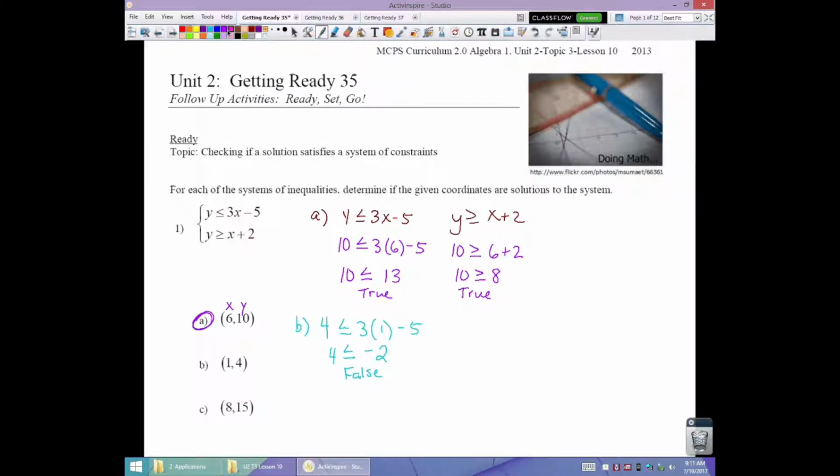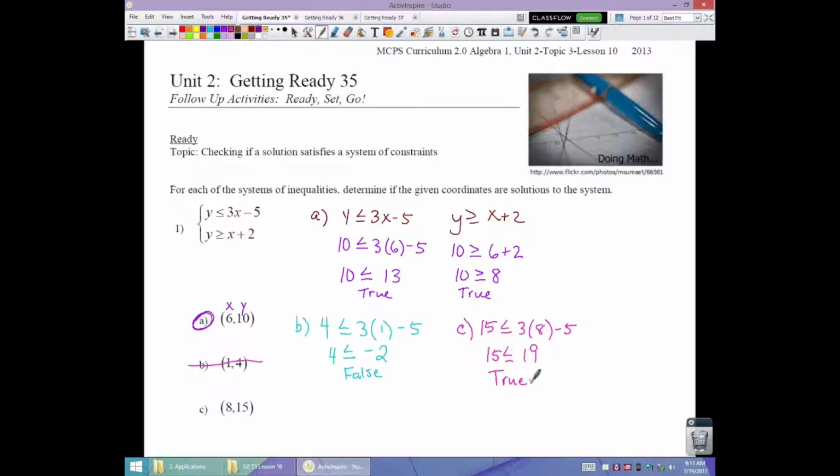I know if it doesn't work in this first one, it's not a solution to the system. Okay. And then part C, 8, 15. So I replace y with a 15, replace x with an 8. So 3 times 8 is 24, minus 5 is 19. So 15 is less than or equal to 19. That's true.